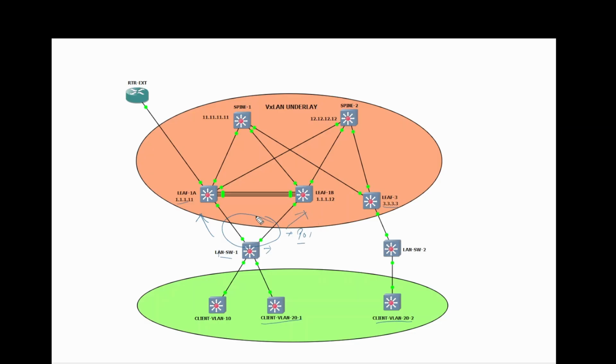So there will be load balancing when traffic egresses towards the VxLAN fabric. However, for the return traffic from leaf 3, it would always prefer leaf 1A as the BGP next hop because of its lower router ID. So this is how traffic will be polarized for any return traffic.